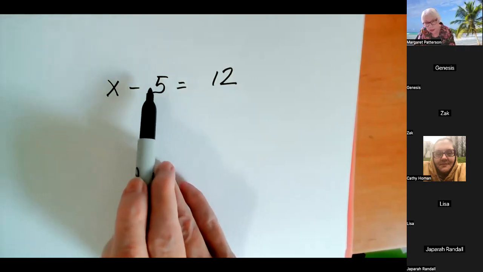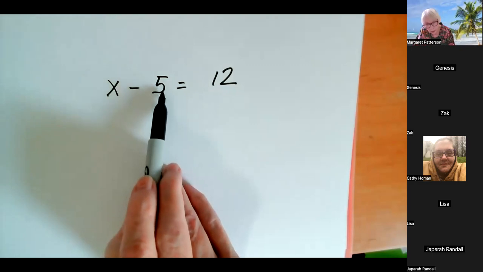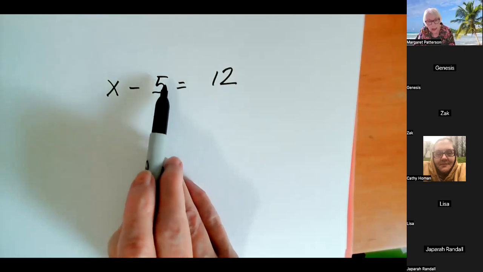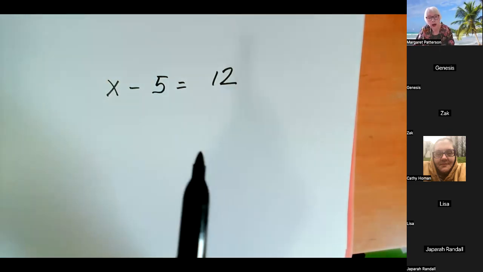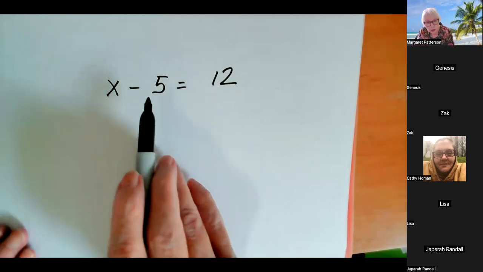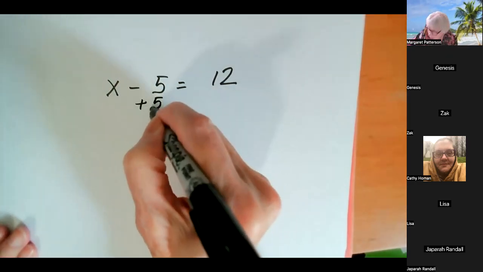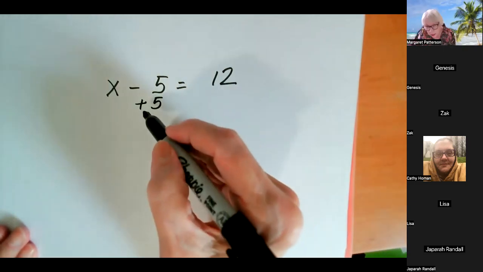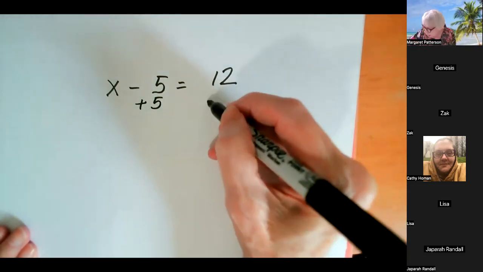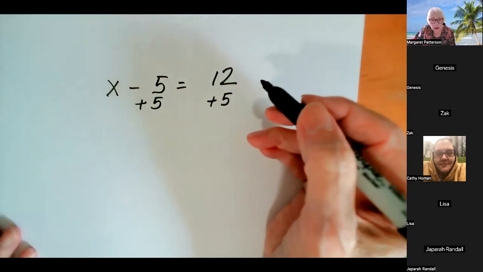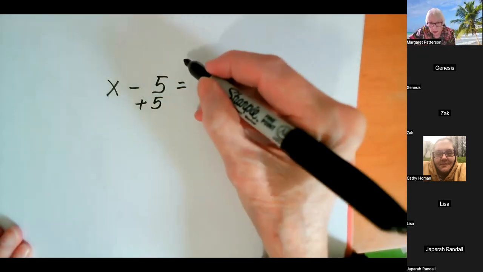And so what I see is subtracting 5. I don't want subtracting 5. I want that to go away. And so to make things go away, you do the opposite mathematical thing. So the opposite of subtracting is adding. And so I'm going to put that right below it. But the minute I do that to the left side, I come over here and actually say +5 to the other side.